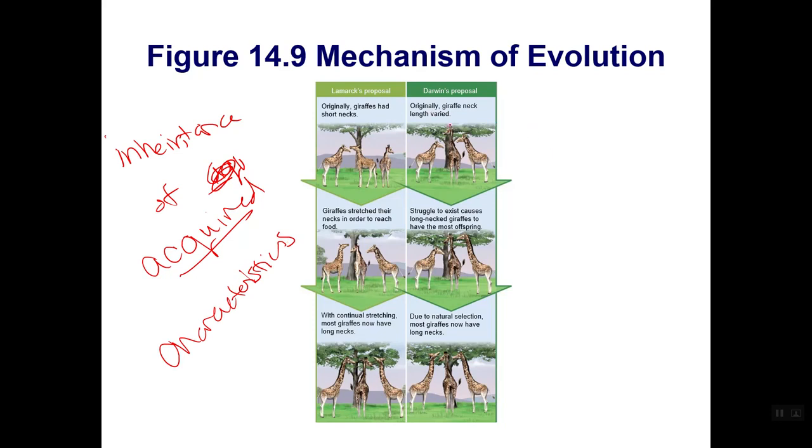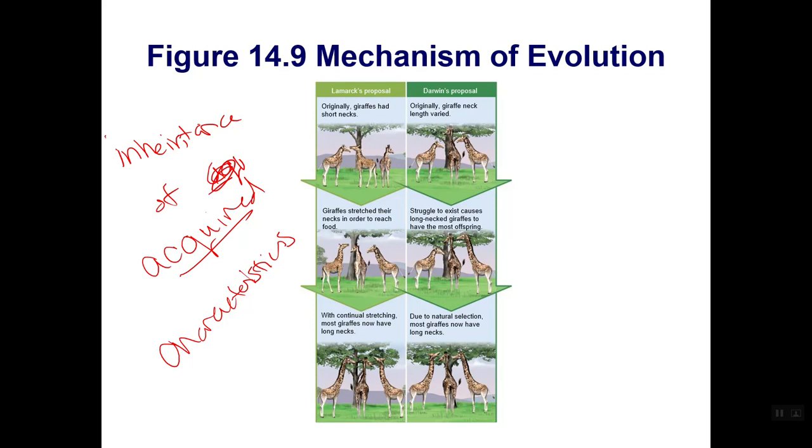Darwin's proposal was different. Originally, the giraffe neck length varied. So we had some short-necked giraffes, we had some long-necked giraffes, we have some medium-necked giraffes. And the ones that had the shorter neck struggled to exist because the long-necked giraffes would outcompete them for food. And of course, the ones that are eating are going to be the ones that survive. They're going to be the ones that reproduce.